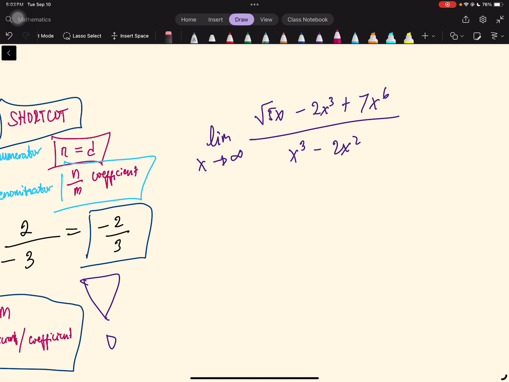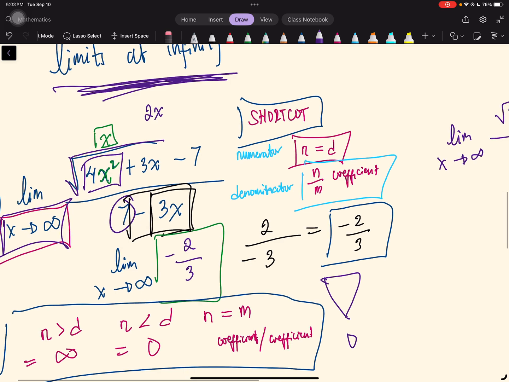Now, the standard way to solve such problems is to divide by the highest degree, right? So, you would do 5x over x6 minus 2x cubed over x6, right? That's a rather long process. So, using our technique here, shortcut rather, okay?